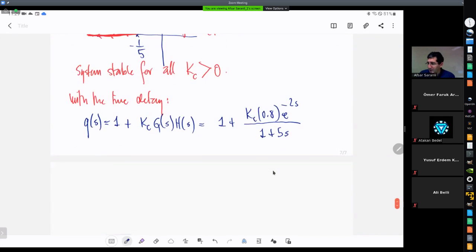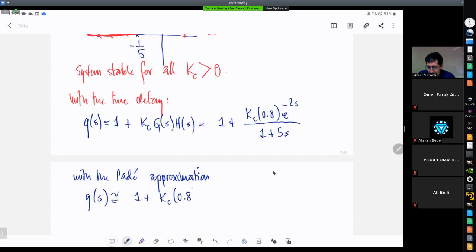So with the Padé approximation, we have Q(s) this time approximately equal to 1 plus Kc times 0.8.